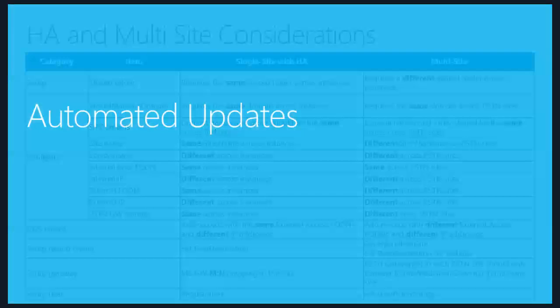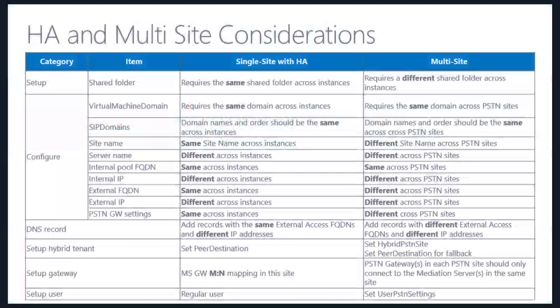If we look at the external FQDN, sorry, we'll go back a slide here. If we look at our external FQDN being the same across instances within a single site with HA, that's how we ensure that, as we saw on my diagram earlier, when my first user, John, sent his call in to that particular site, it happened to hit Cloud Connector 1, but when Cornel sent his call in, it went to Cloud Connector 2, because both of those Cloud Connector appliances had the same external FQDN.